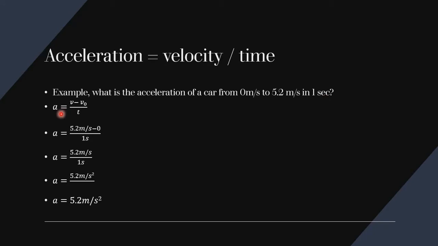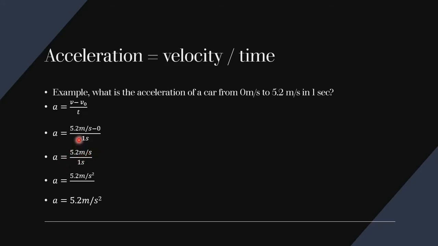And so the formula for acceleration is a equals the final velocity minus the initial velocity, divided by the time. So our acceleration is the final velocity, 5.2 meters per second, minus 0, because the car is stopped at this time and there is no velocity yet, divided by the time, which is 1 second.